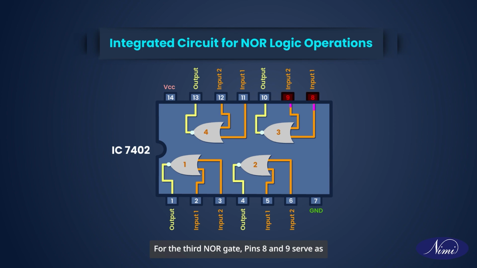For the third NOR gate, pins 8 and 9 serve as inputs and pin 10 is the output. The fourth NOR gate uses pins 11 and 12 as inputs with pin 13 as its output. Pin 7 is the ground connection. Pin 14 is connected to the supply voltage VCC, typically plus 5 volt.